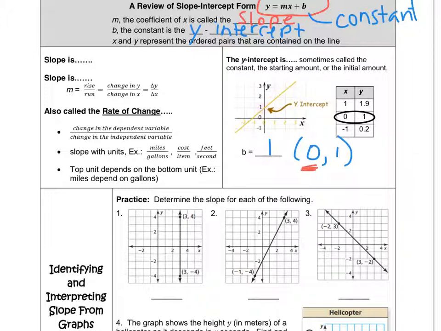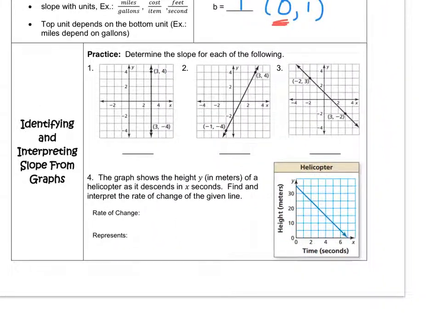Okay, so now let's take a little bit of a moment and practice finding the slopes for some of these lines. So our first one, we're going to look at number 1. We've got points here and here. If we think about what we've learned, let's talk about the different kinds of slopes. We talked about in class today slope dude.